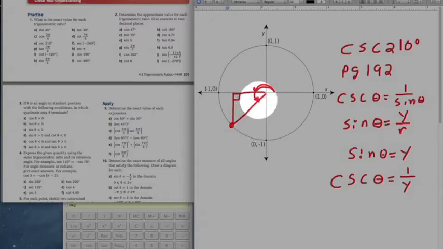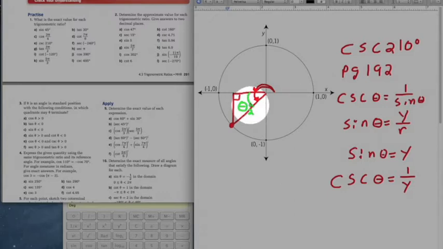If this is 210 degrees all the way around to there, I need to figure out what this theta here would be. Let's call this theta 2. I know that 210 degrees gives me this one here, and that whatever this new angle is, it will be 180 degrees plus this angle here to give me 210, because this whole line here was 180 degrees.